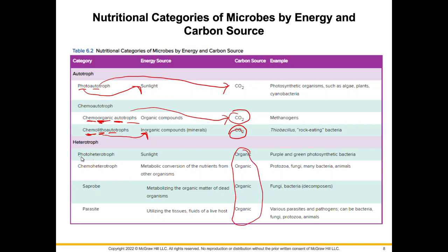Photoheterotrophs will have an energy source of sunlight. Chemoheterotrophs will have an energy source of chemicals, and we have two subtypes, our saprobes and our parasites. The difference being our saprobes are going to be metabolizing organic matter of dead organisms, but parasites utilize a live host to gather food.